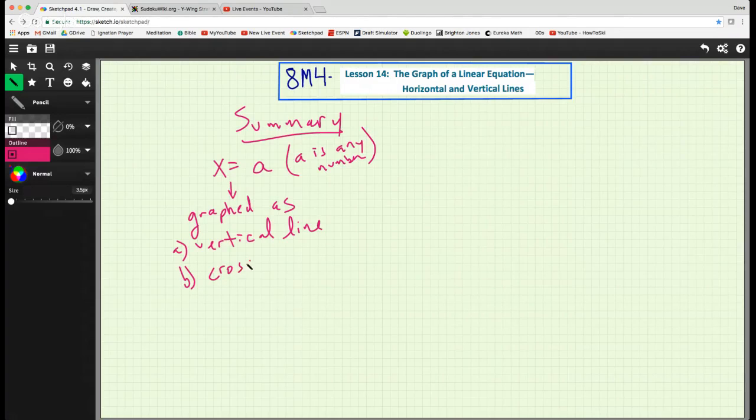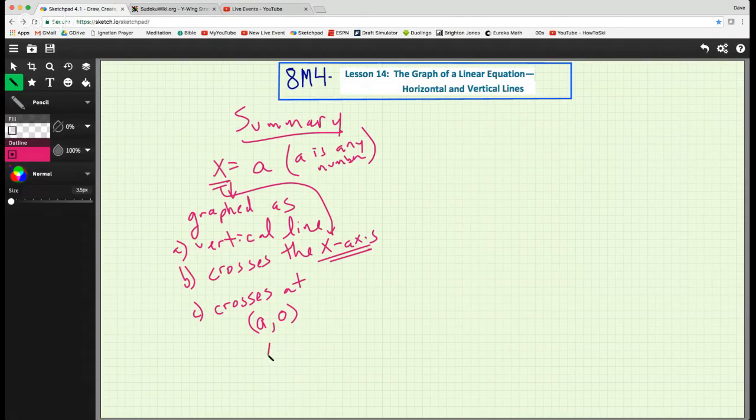It crosses the x-axis. And the reason you know it's the x-axis is because it matches the x. When we have x equals a, you're going to cross the x-axis, and it crosses at a, 0, right?